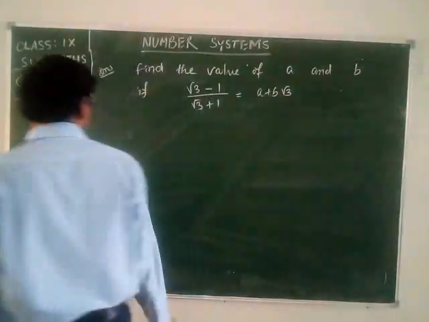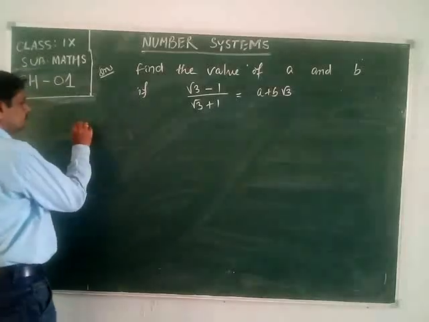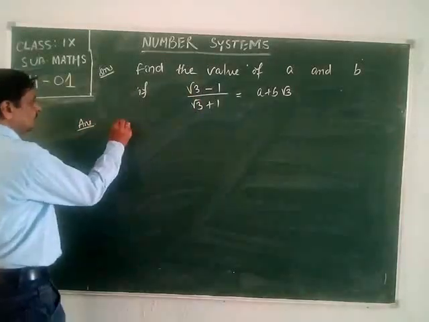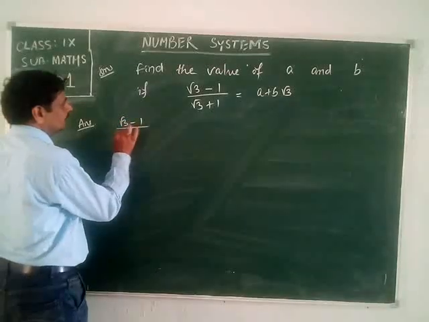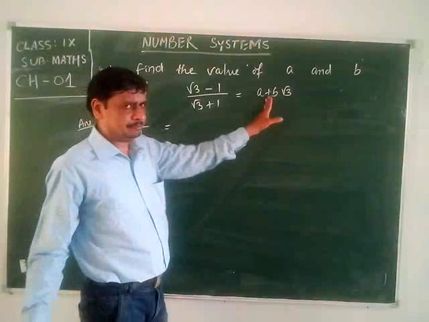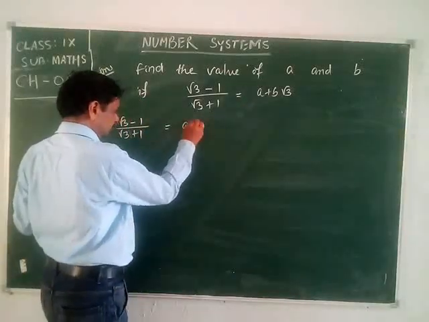So first, the left side of this statement is root 3 minus 1 by root 3 plus 1, which is equal to A plus B root 3.